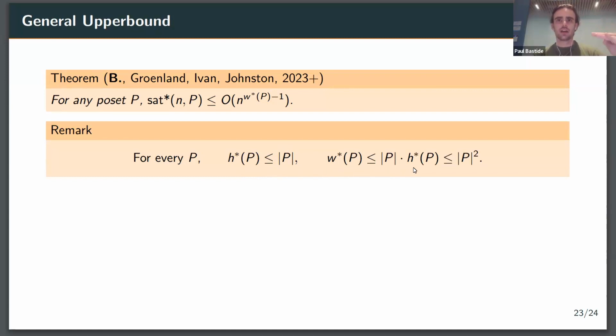That's just because whatever your height is, let's say h, then all your elements contain at most h elements of the ground set, right? So you need at most h times the size of P elements in your ground set, and your ground set is your width, right? So you get this |P| squared upper bound.